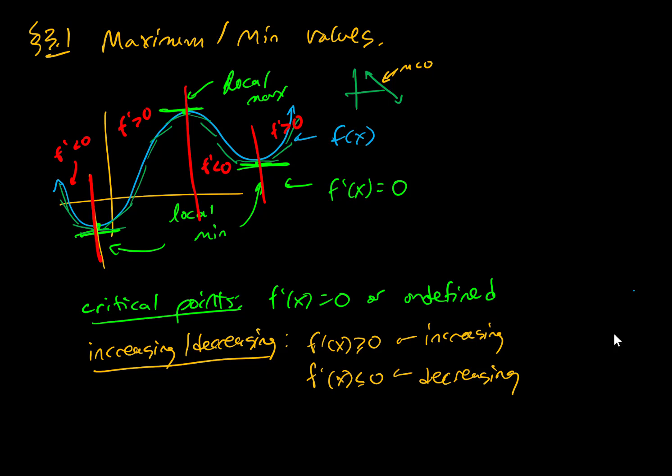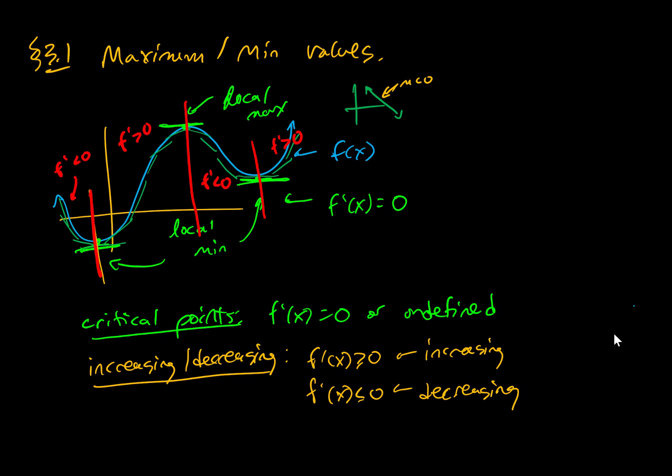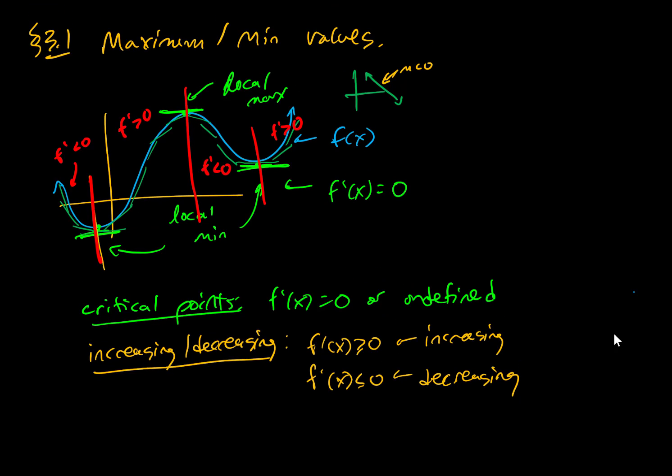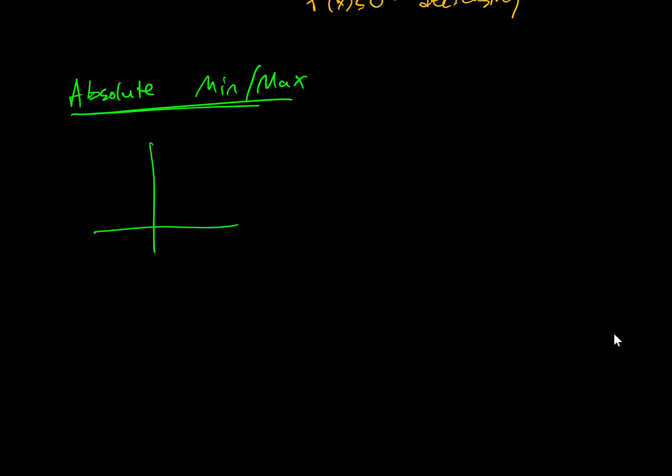Okay, so I'll go over what's going on in 3.1, but we need to keep this in mind. In 3.1, we're trying to find not just min and max, but absolute min and max. These are not just local min or local max, these are definitely the high points and the low points.